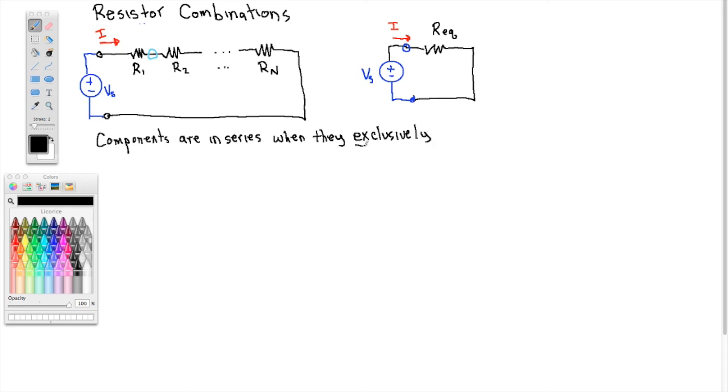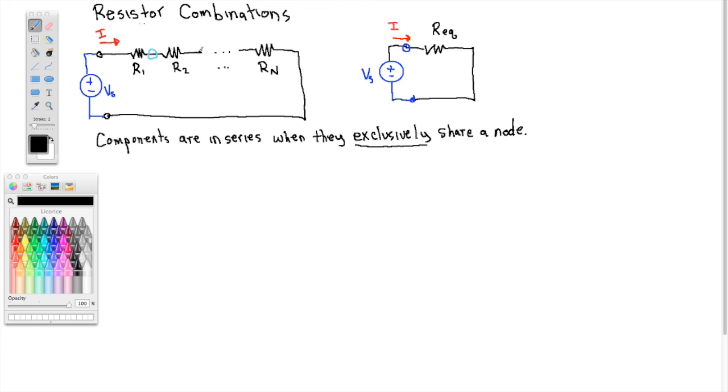Underline exclusively, that's the important part of this. Meaning that the node they share is not shared by anything else. So these two resistors, R1 and R2, are in series because they exclusively share this node that I've circled in light blue. There's nothing else connected to that node.